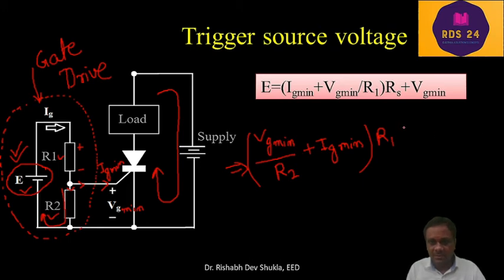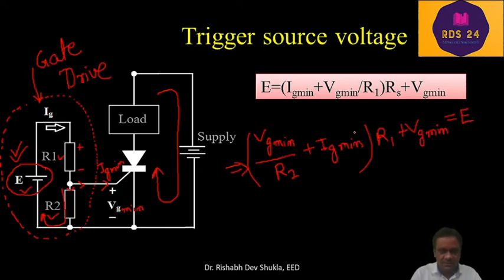So this is your Vg minimum. That means this equation gives you the value of E here.